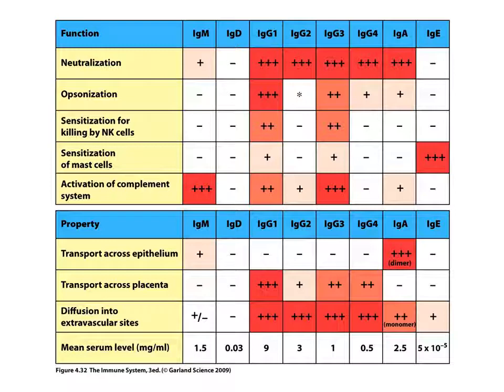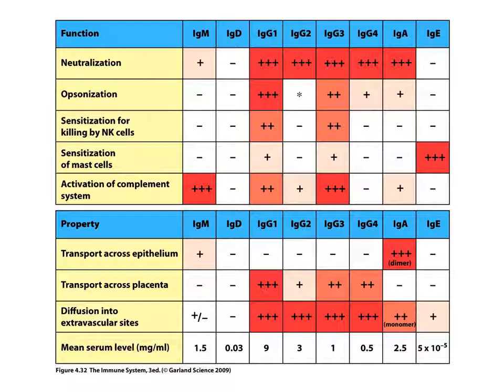So IgA is there, very protective, that would not allow bacteria, viruses, fungi to pass into the epithelium, because the epithelium would be another route by which these microorganisms could give entry into our system. So we are interested in transport across the epithelium. The other thing that we are interested in is transport across the placenta.